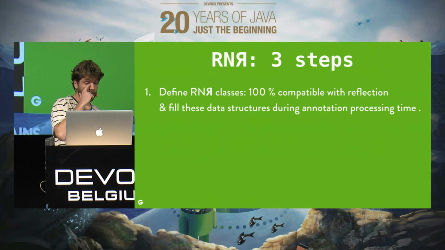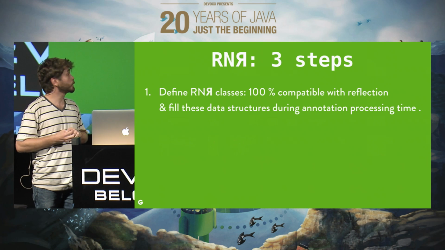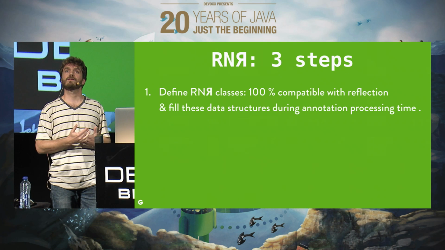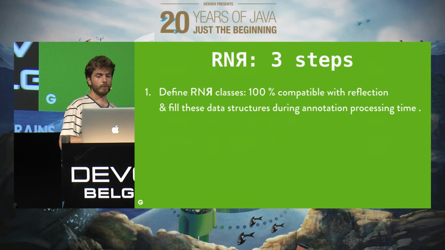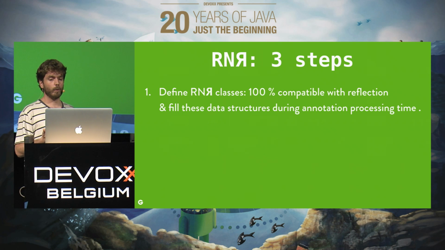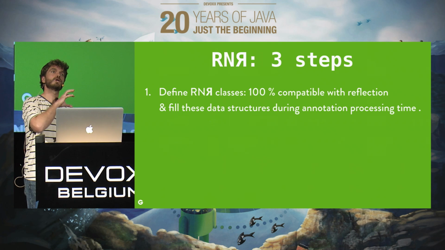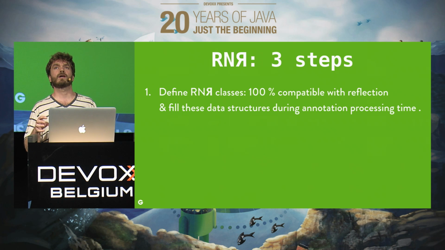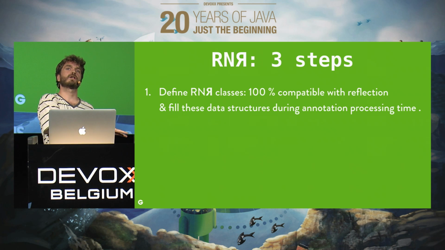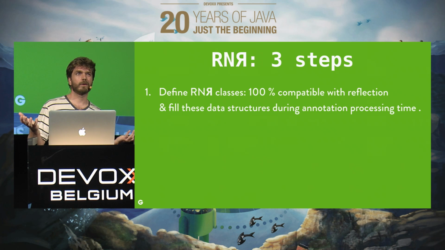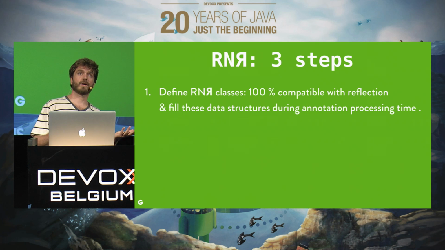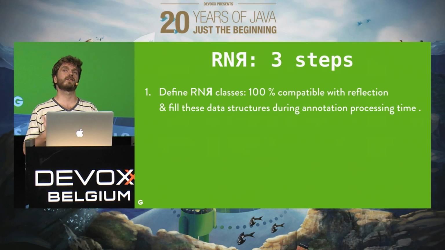The first one is going to be to define what we call R&R, so for reflection or reflection, classes. Those classes are going to be 100% compatible with reflection, and we are going to fill those data structures during annotation processing time. So inside the annotation processor that you're going to write, instead of manipulating this awkward API that is used for annotation processing, it would be great if actually we could use reflection, because it's simpler.